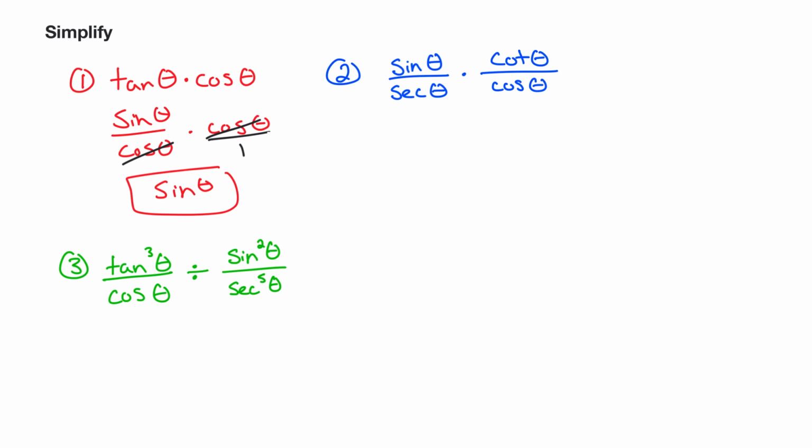So I am going to turn this into sine of theta divided by 1 over cosine of theta times cotangent, which is cosine of theta over sine of theta, divided by cosine of theta. Now, some of you might be able to cancel this stuff right off the get-go. I'm not that smart. I don't like fractions inside of fractions, so I'm going to convert that.